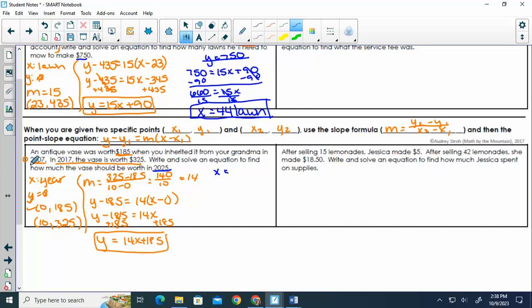So if we started in 2007, 2025 is how much later? 18. 2025 minus 2007 is 18, so then we can plug in an 18. And we get 437, and what should be the label there?